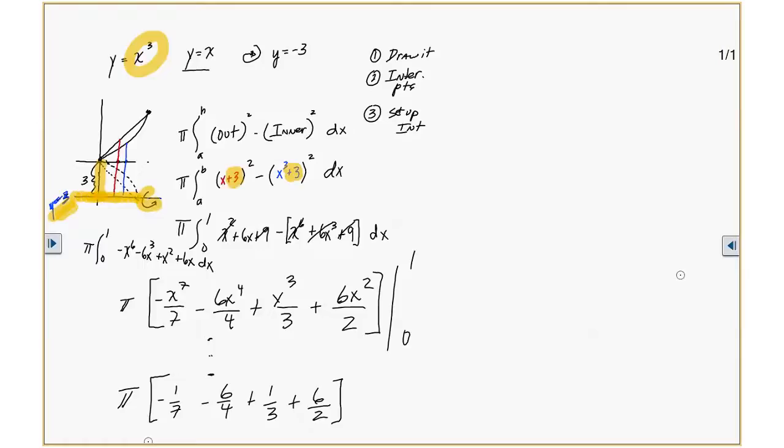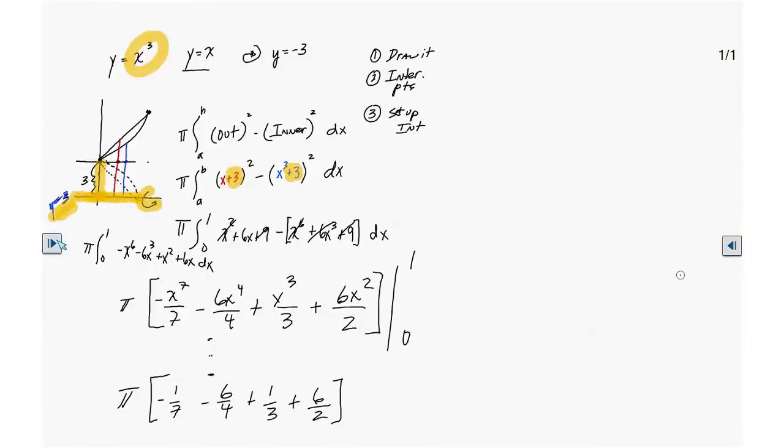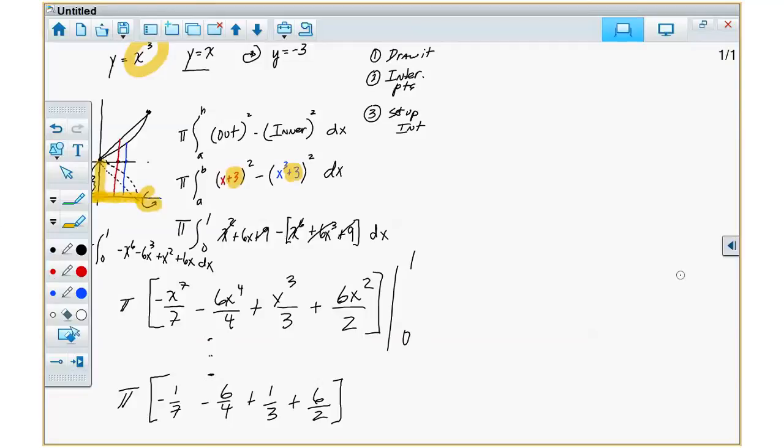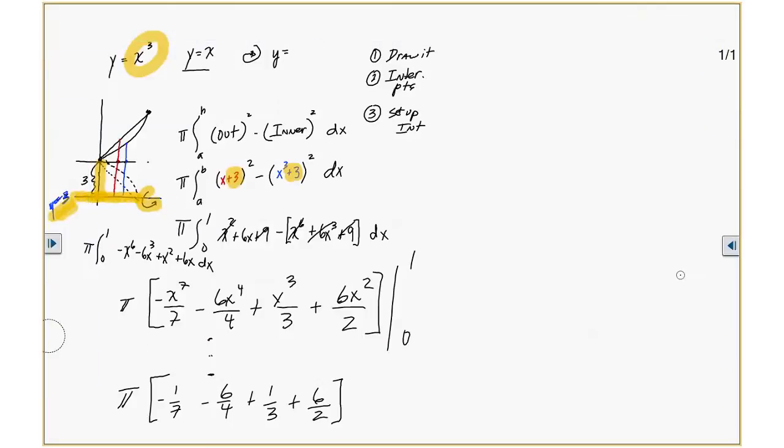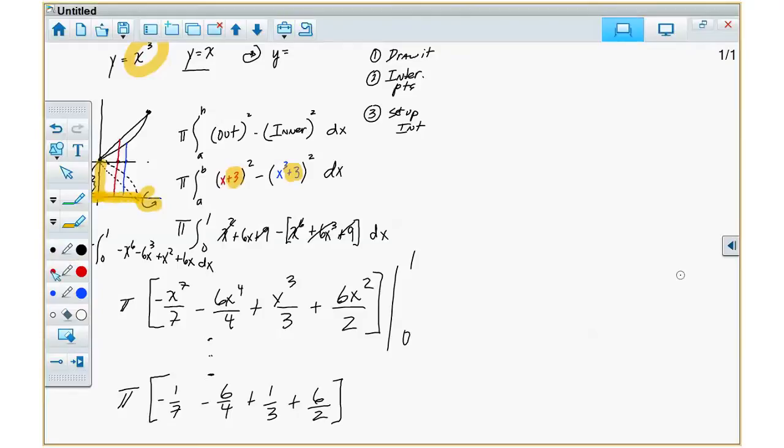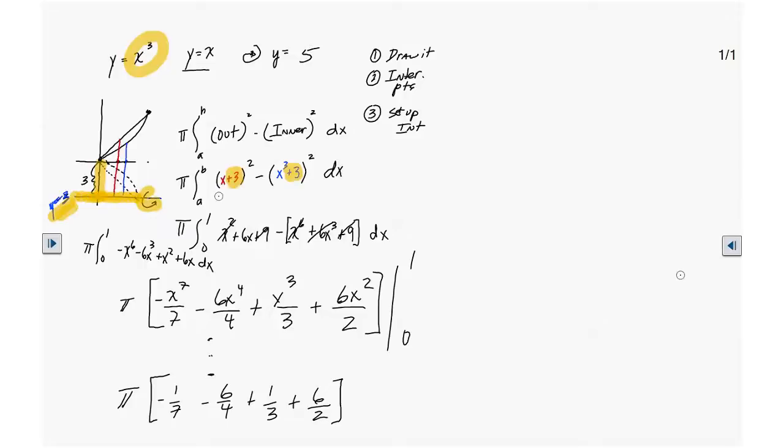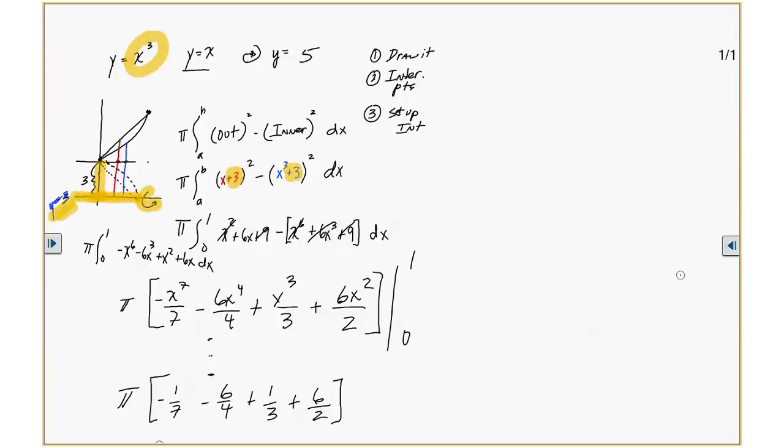Well, let's do the same problem. And this time, let's say that this guy changes to a 5. All right, now you do it. Change it to a 5. And see what happens.